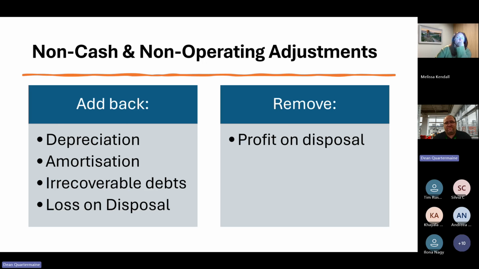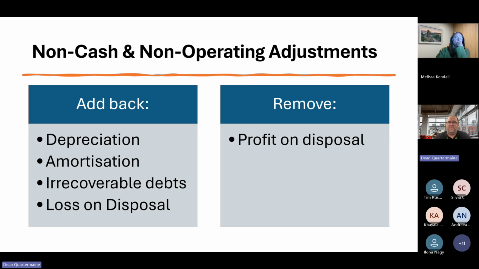Irrecoverable debt, well, it affected profit. You didn't receive any money though, did you? And you didn't pay out any money. So by putting through irrecoverable debt, you see a reduction in profit, but you didn't pay out any cash, did you? Same's true of a loss on disposal. A loss on disposal, well, you didn't actually have to pay any money out, did you, for that loss on disposal?